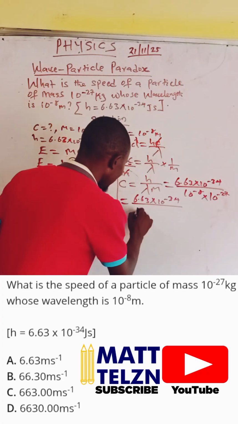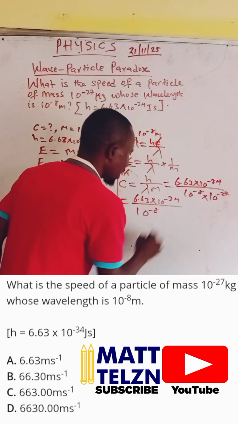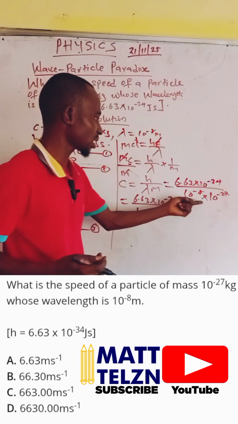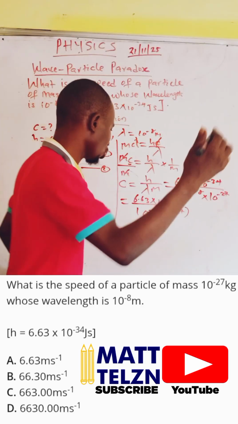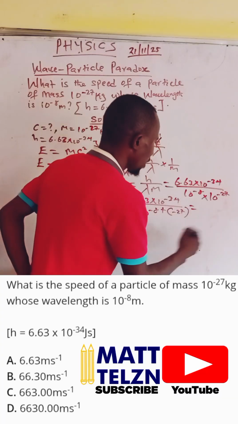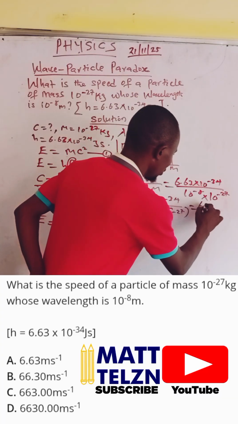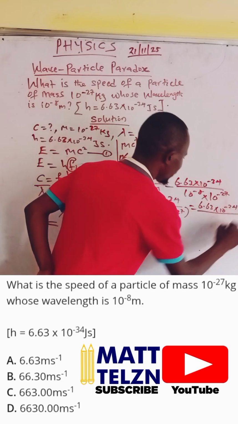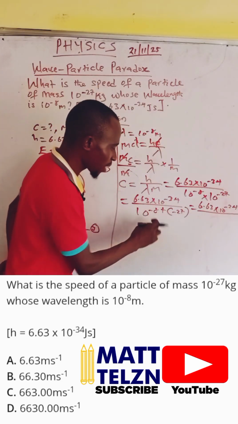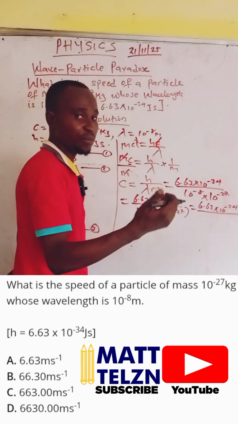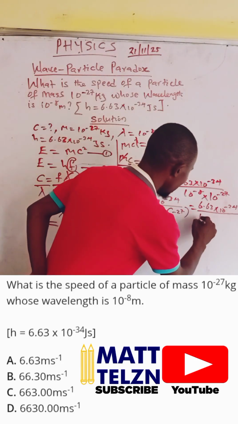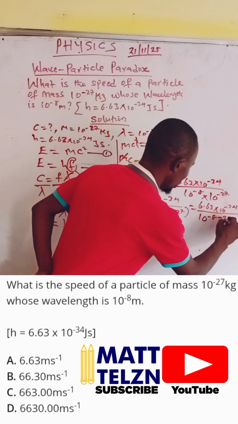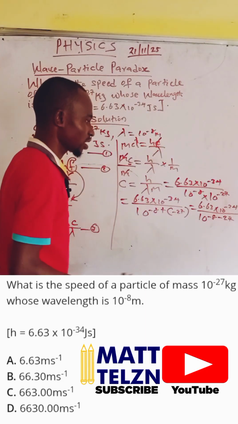So that simply means I have 10 raised to power minus 8 plus open bracket minus 27. This is simple indices application. So let's proceed. What I'm going to have here is 6.63 times 10 raised to power minus 34 divide by, I'll open my bracket, this times this will give me minus. So what I have is 10 raised to the power of minus 8 minus 27, right?